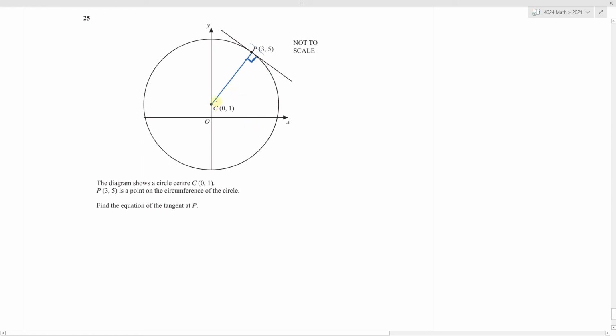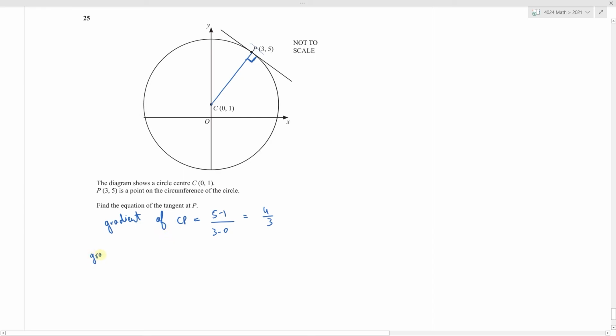So if you multiply the gradient of this line CP and this tangent, you should get -1. So let's first calculate the gradient of this line CP. Gradient of CP. So y2 minus y1, 5 minus 1 divided by x2 minus x1, 3 minus 0. So this is 4 by 3 is the gradient of CP.